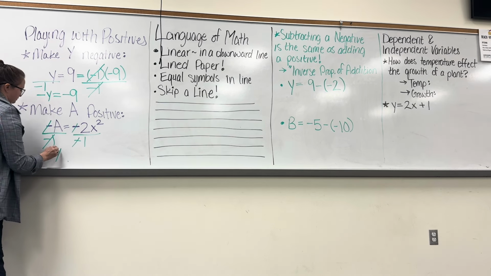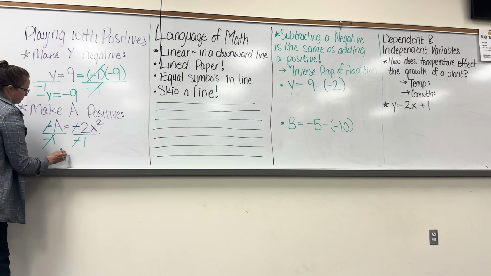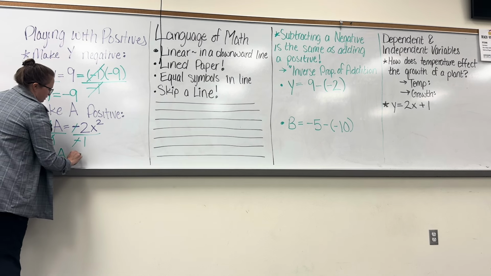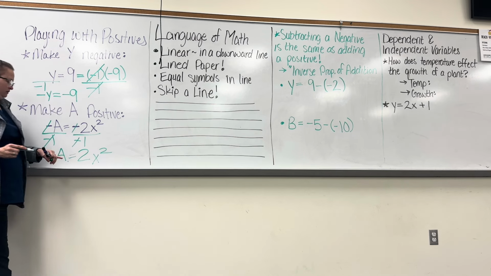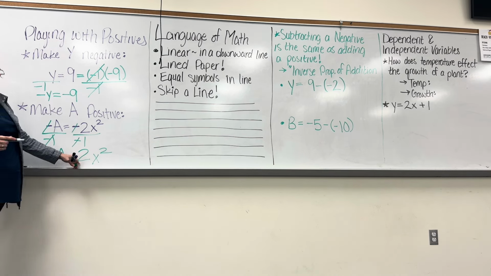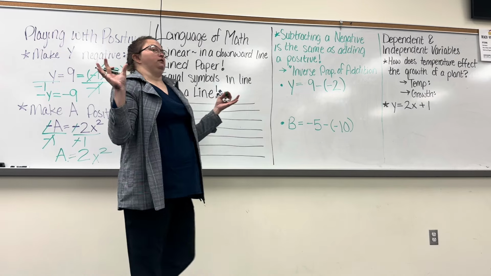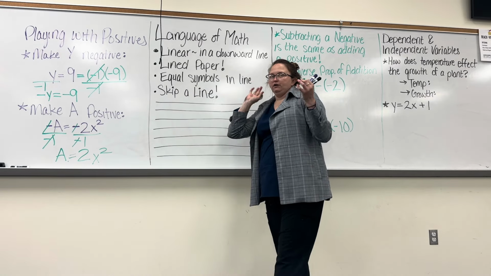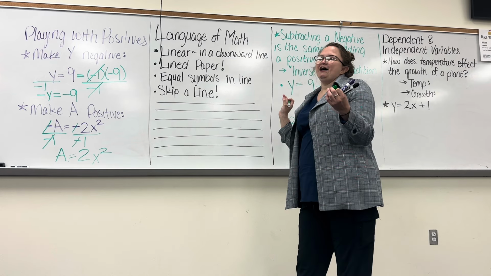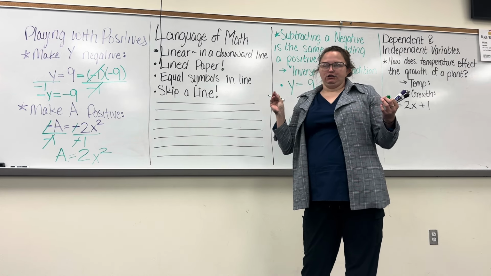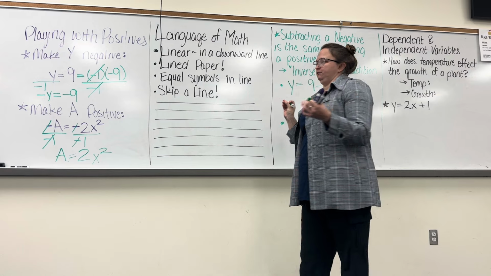So you're going to have the answer positive a equals +2 x squared. That's how you're going to make that positive. And again, a lot of you know this. It's very obvious, but some of you don't. And it's actually kind of surprising how many people don't know this.